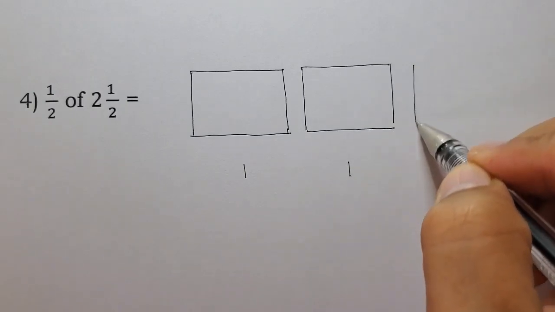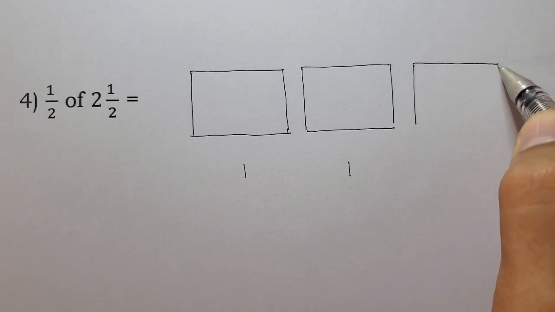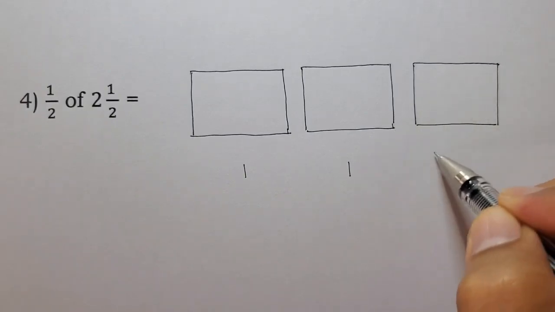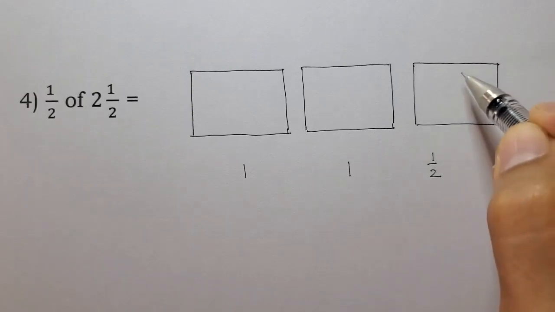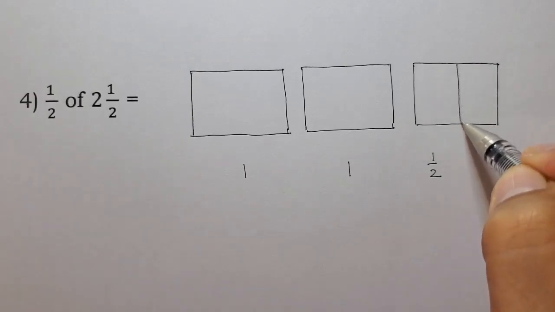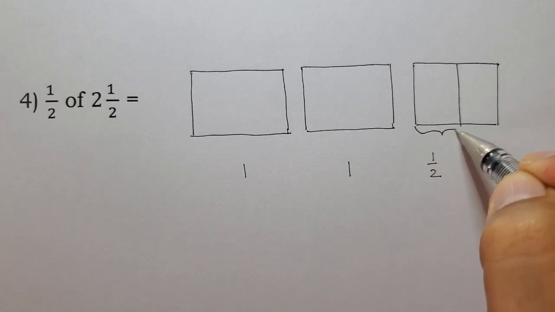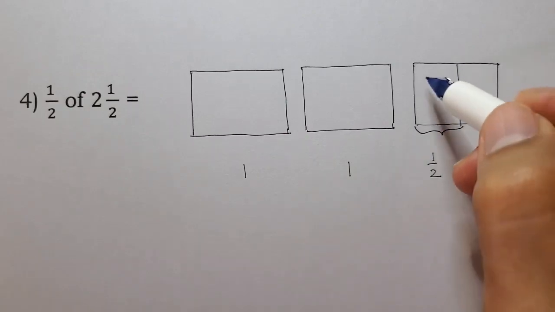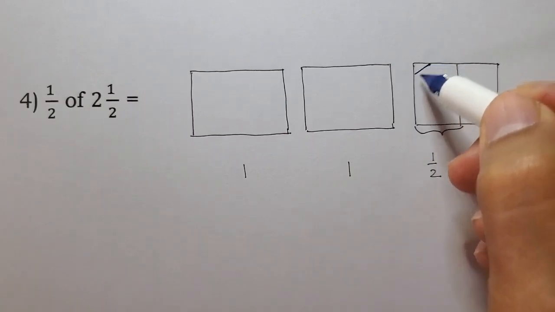And of course, another one. But this one, to illustrate 1/2, we have to divide it into 2 equal parts. And of course, we will just get one part of the 2 equal parts and shade it. So this is 1/2 here.